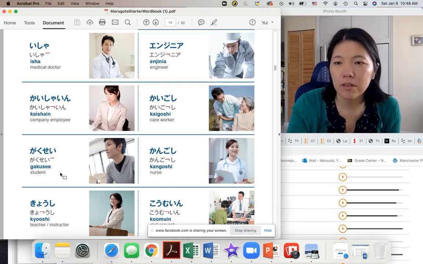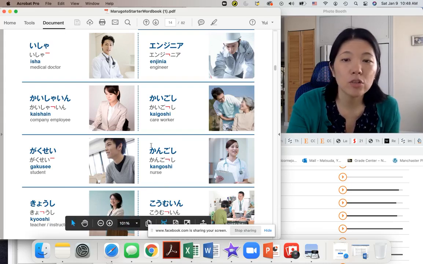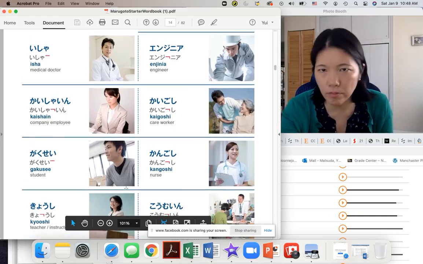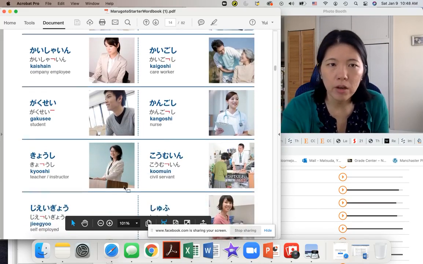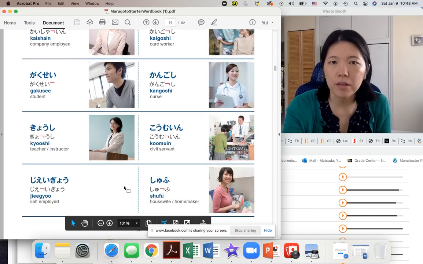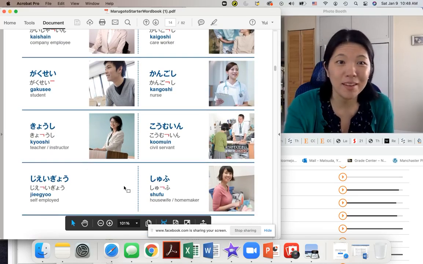We talked about 学生, students. 看護師 is a nurse. It's also gender neutral. I think everything is gender neutral now. It used to be a different term, but nurses could be anyone, right?